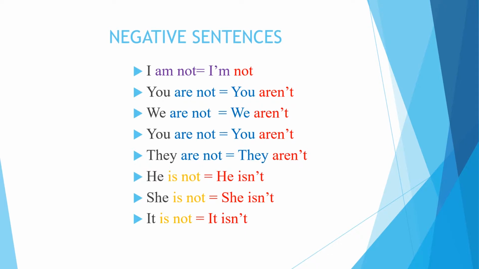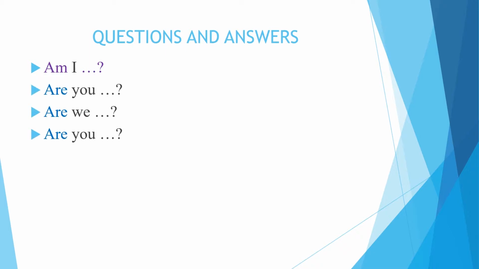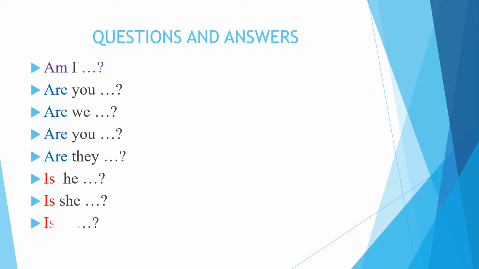Now how we build questions and make answers for that. Usually I say am, are before the subject. For example, I say am I, are you, are they, is he. So that is a question with the verb to be.